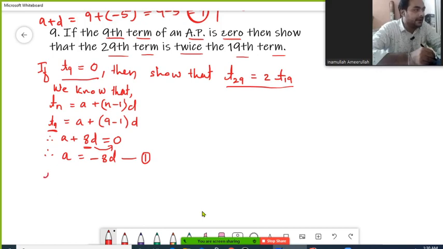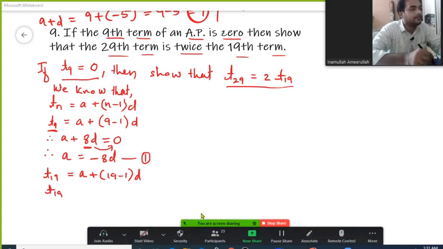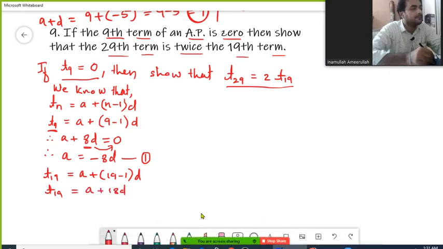So T19, if I use the Tn formula, is a plus 19 minus 1 into d. So T19 is equal to a plus 18d.